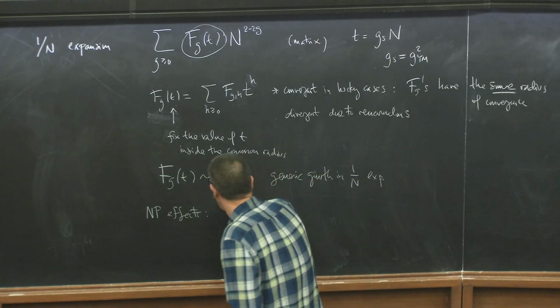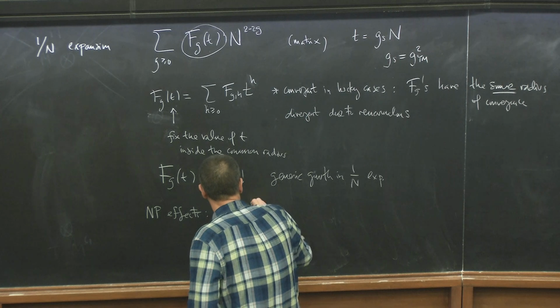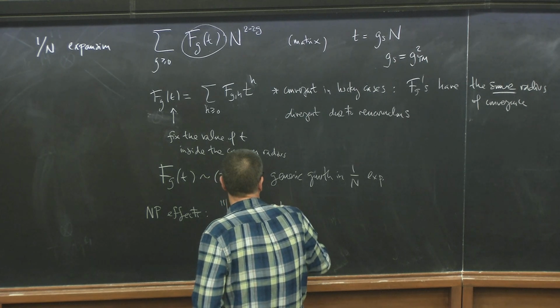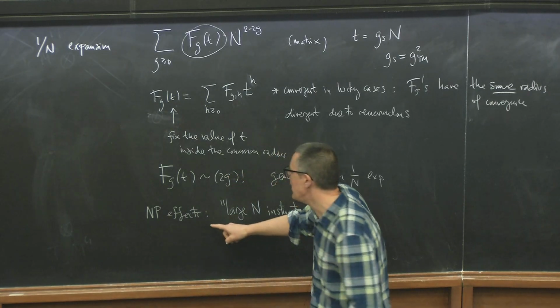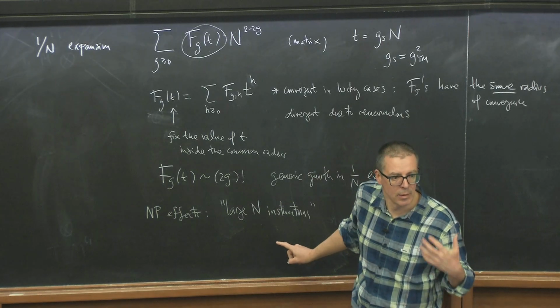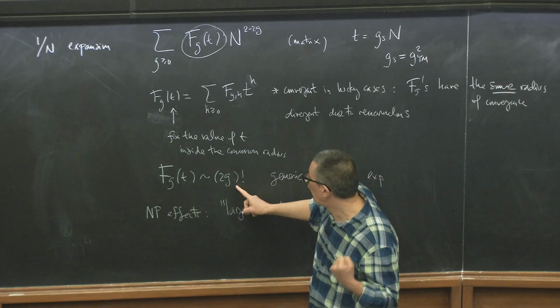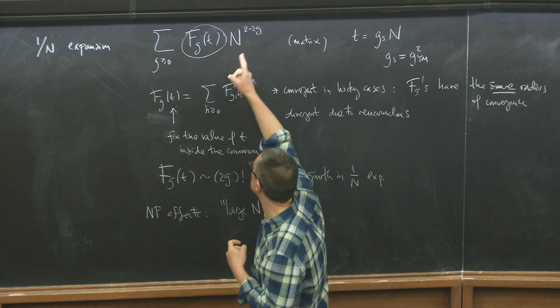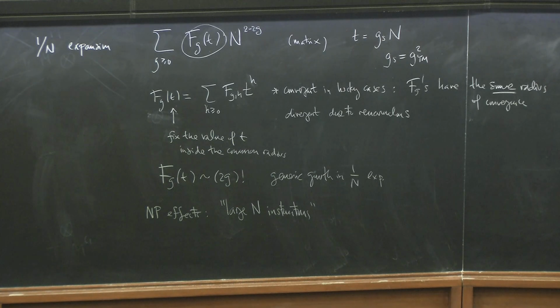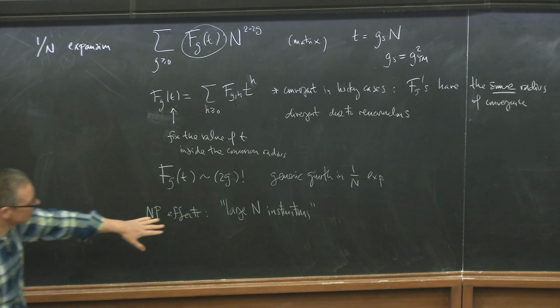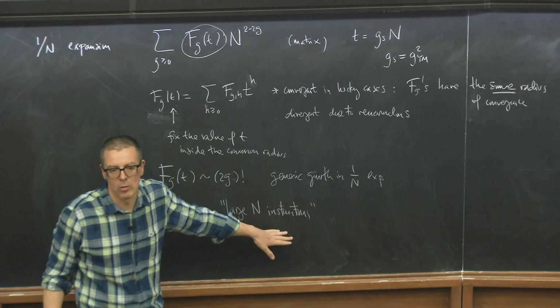I call them large N instantons. Sometimes you can build up the non-perturbative objects that actually govern this large N factorial divergence. You can build them from standard instantons, but this is really a much less explored story.